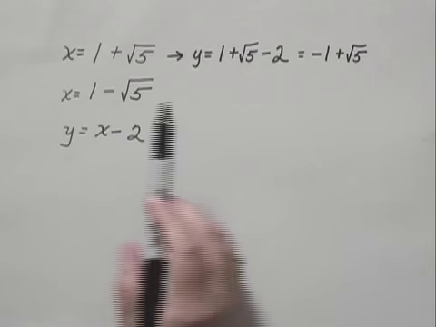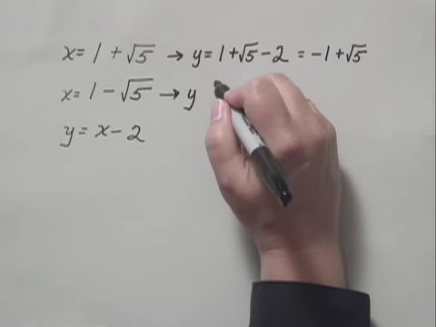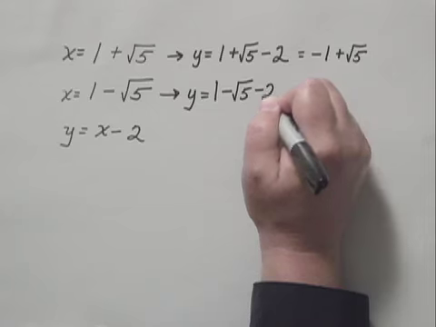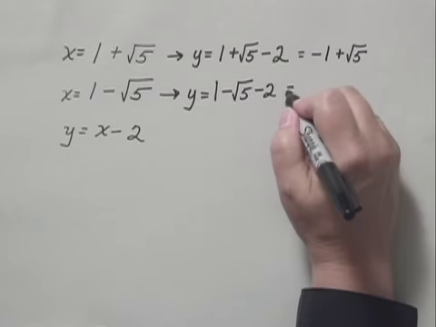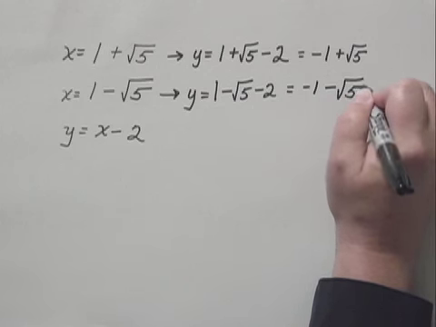When x is 1 minus the square root of 5, y will be 1 minus the square root of 5 minus 2. That's x minus 2 again, and that will be -1 minus the square root of 5.